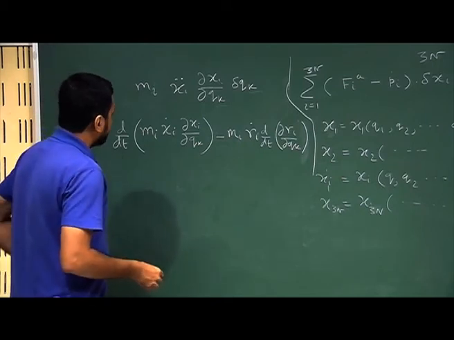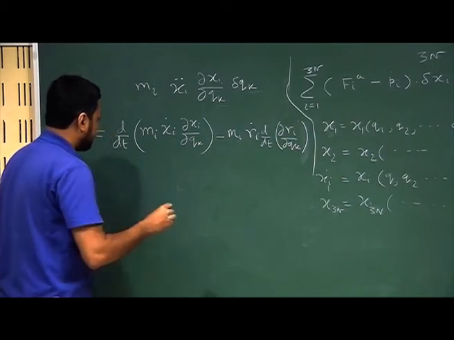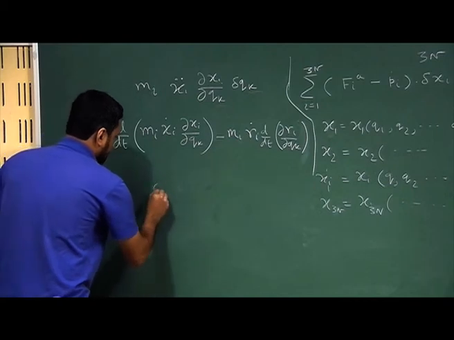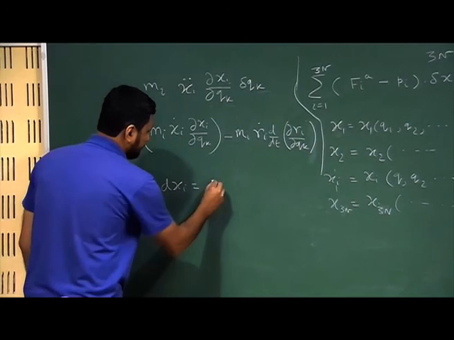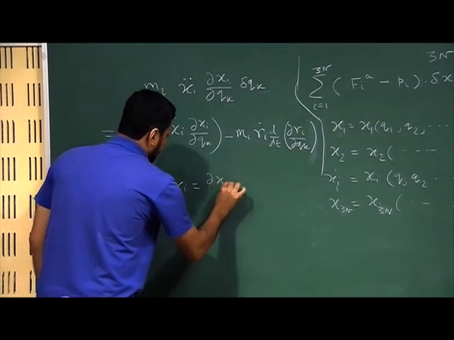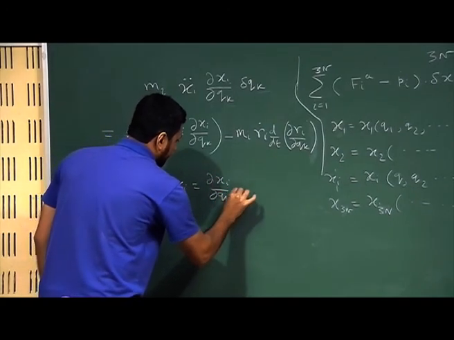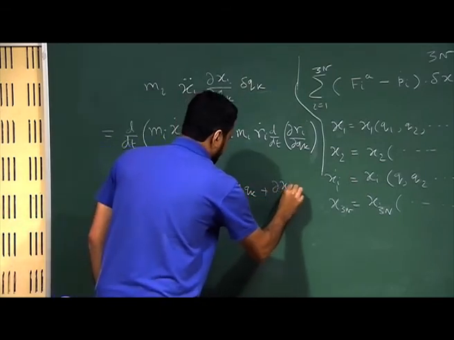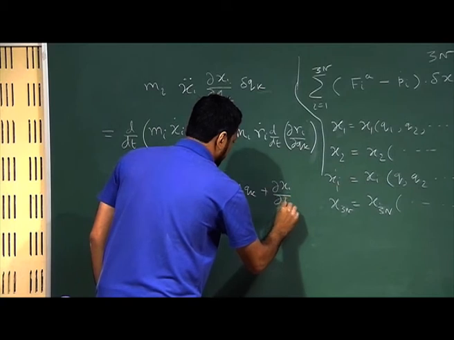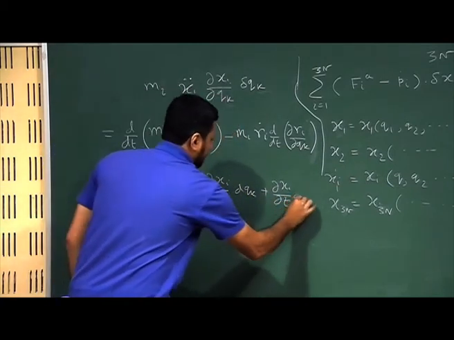Now, there is another thing I would like to point out. dxi is equal to del xi del qk dqk plus del xi del t dt.